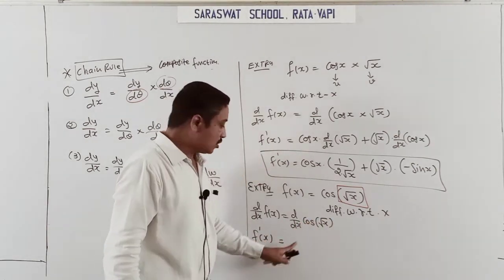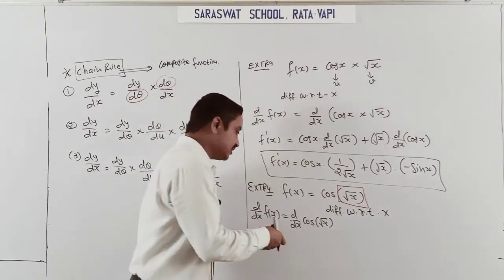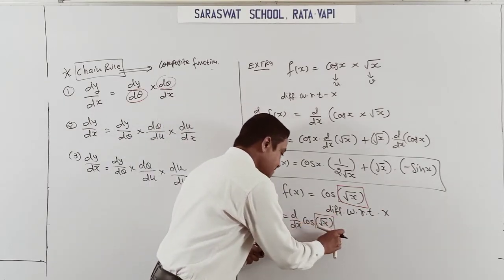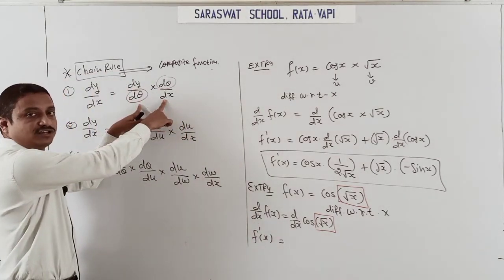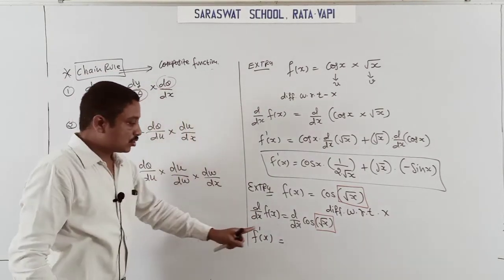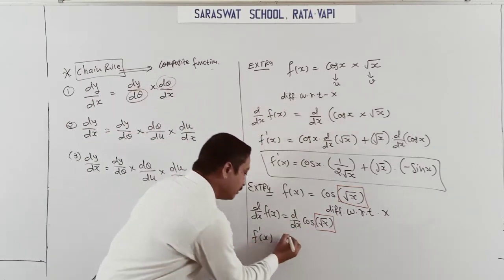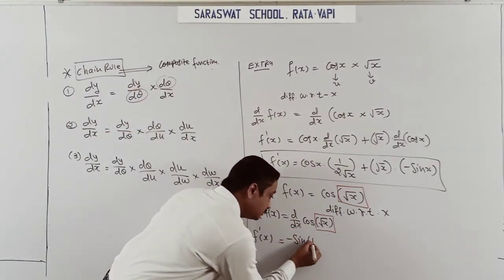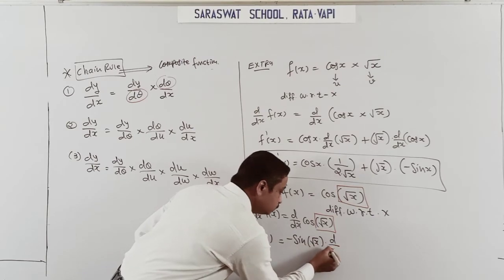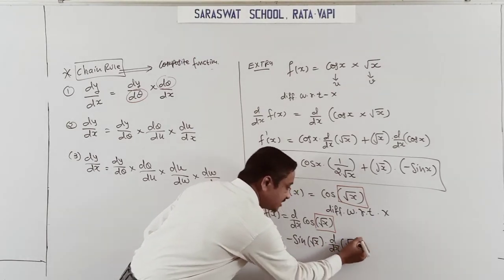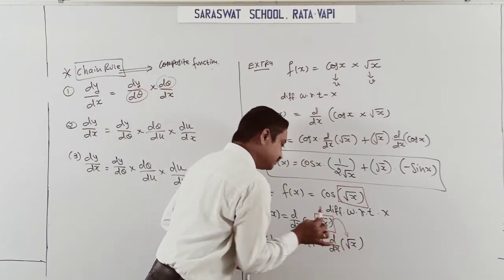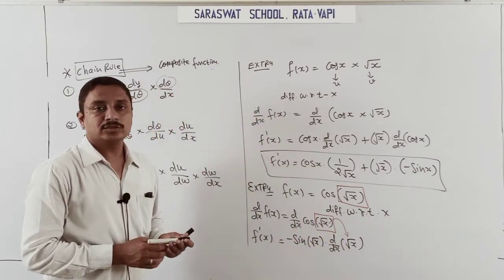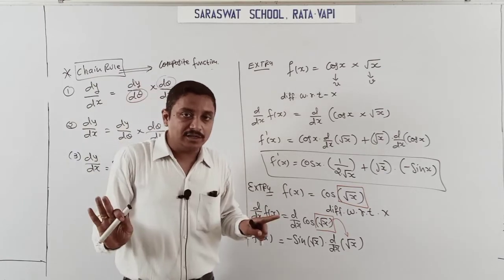Students, here reading cos, and this you consider your theta. In this way, only two functions are there. So what is the derivative of cos? Minus sin, and d/dx of root x, derivative pending. Students, this root x derivative I mention here. Here do not apply the product rule.